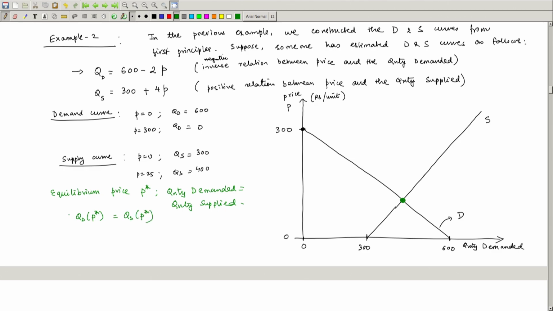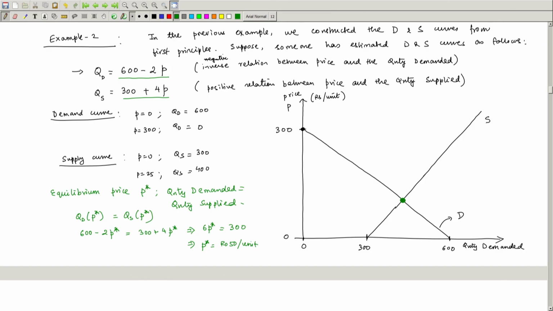Let us compute it. I already know the equations. So, 600 minus 2 times P star must be equal to the quantity supplied at P star, which is 300 plus 4 times P star, which implies that 6 times P star equals 300, which is going to give me P star equals rupees 50 per unit.